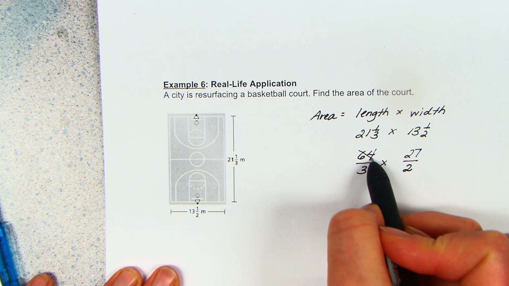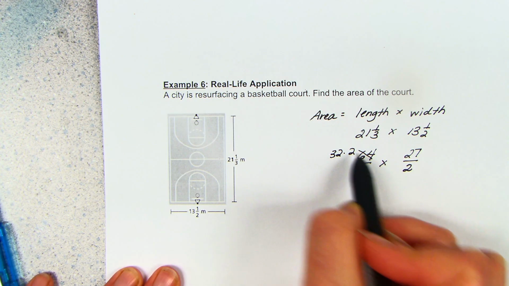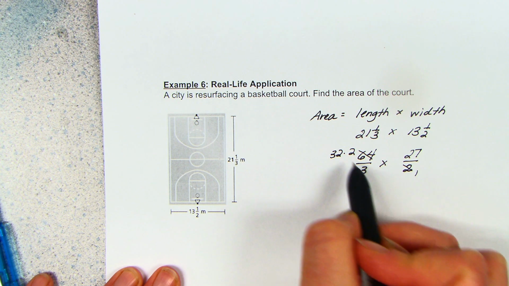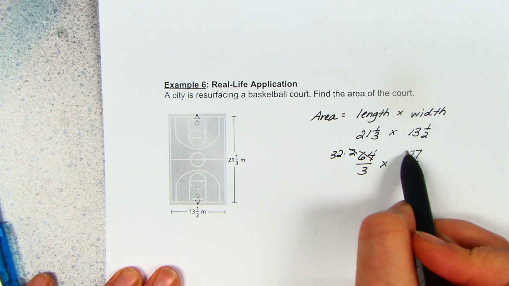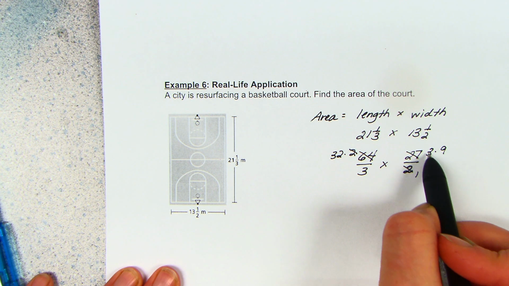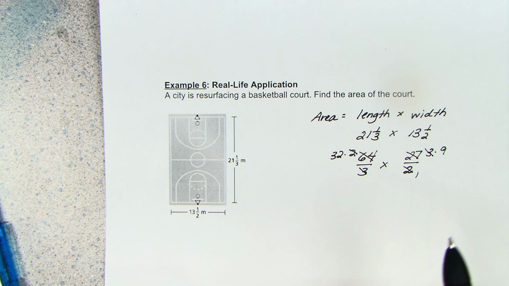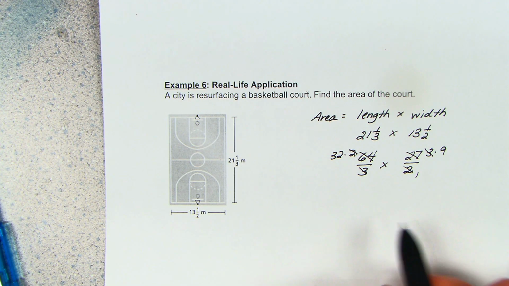Oh, it's so much easier to go 32 times 2 and cancel out those 2's. And 27 is 3 times 9. And I can cancel out those 3's. And I still have 32 times 9. I'm going to cheat and use my calculator because it's been a long day. 32 times 9 equals 288.